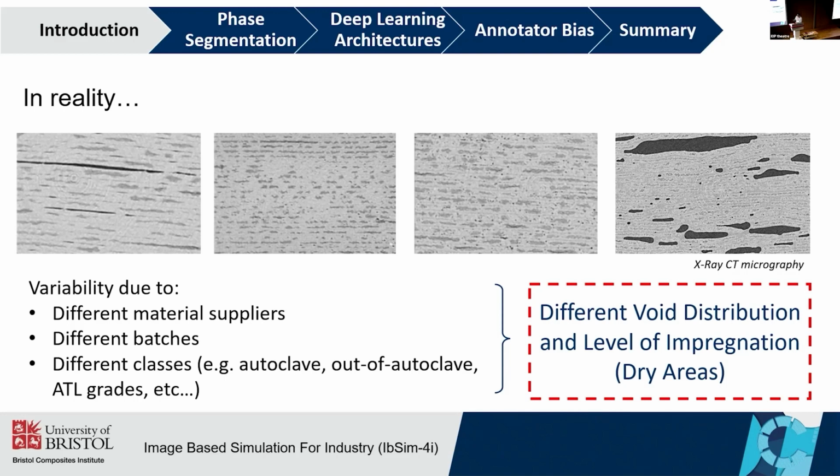So actually characterizing the different phases that we have in this composite, in this laminate, is a pretty critical step during the manufacturing and during the analysis of the mechanical performance, or the final mechanical performance that we have in our composite material. And why is it important? Because if we are able to accurately characterize the different phases, we will be able to fit numerical models with better data.